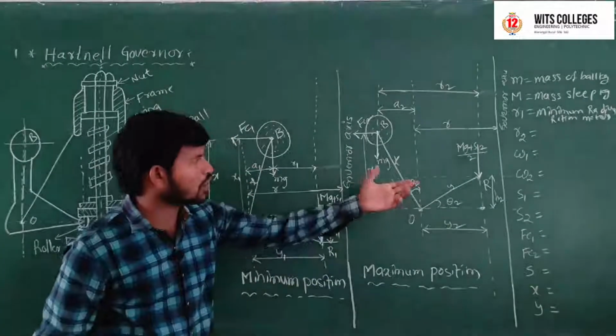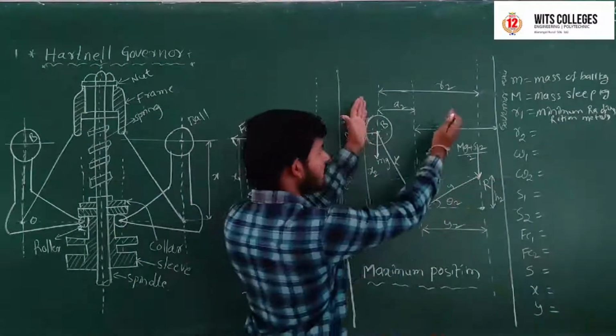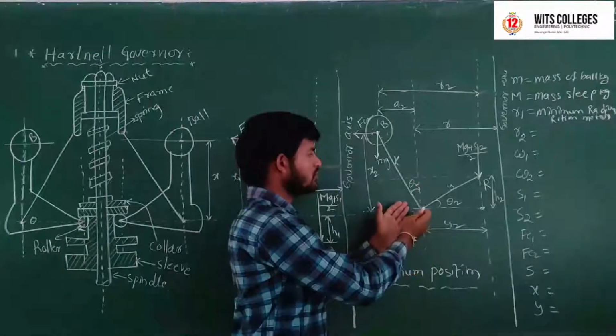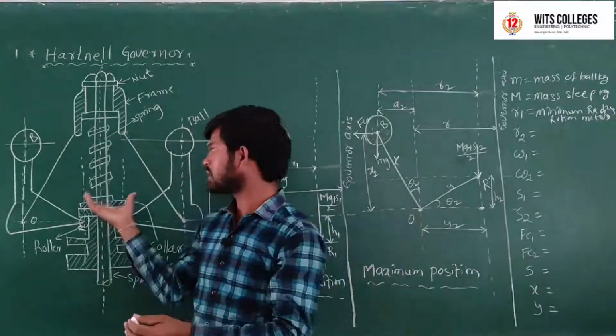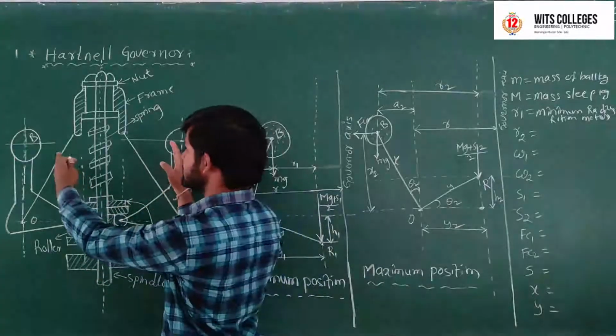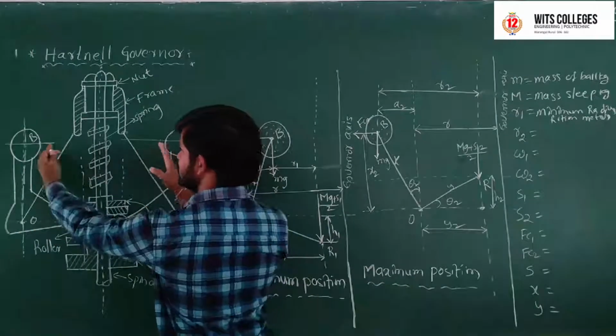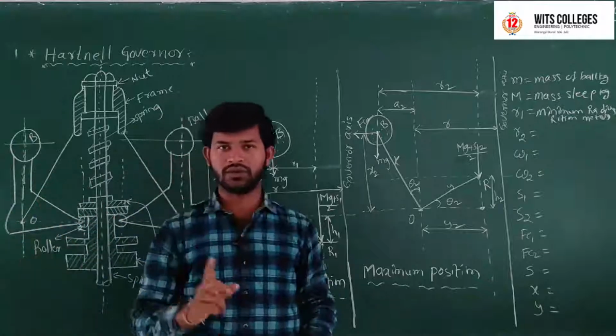As well, in the same position, r2 is the maximum radius. When the Hartnell governor is at maximum speed, the two balls move away from the governor axis and rotate.